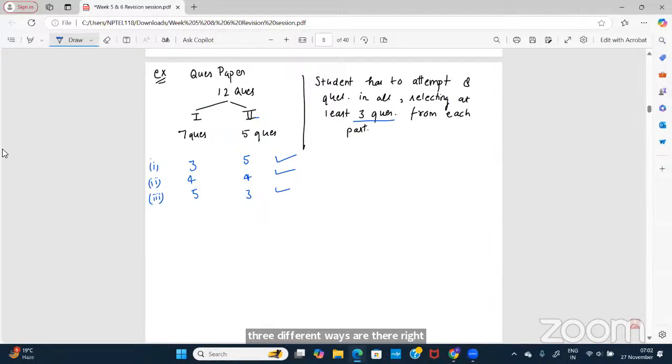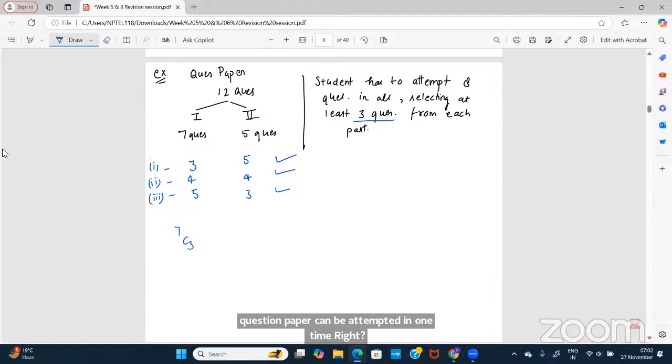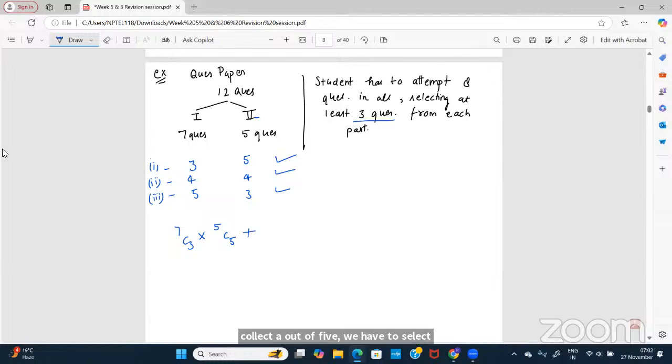And out of these 3, the question paper can be attempted in only one way at one time, right? So out of 7 we have to select 3, and out of 5 we have to select 5, then we will add. So this is your one possibility, this is your another.